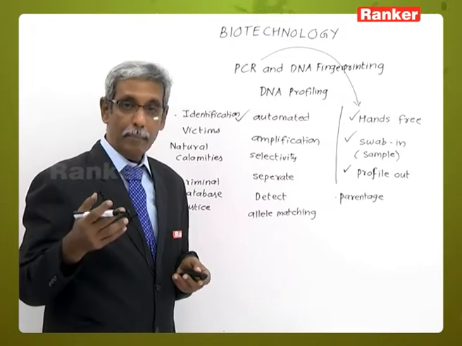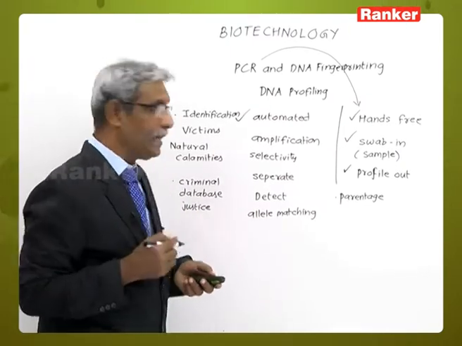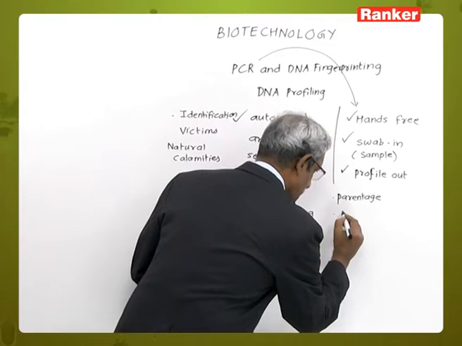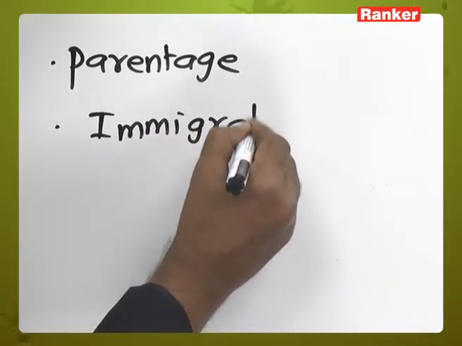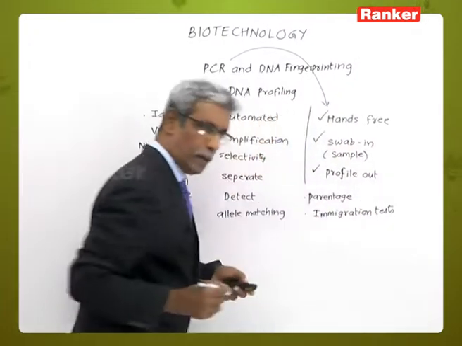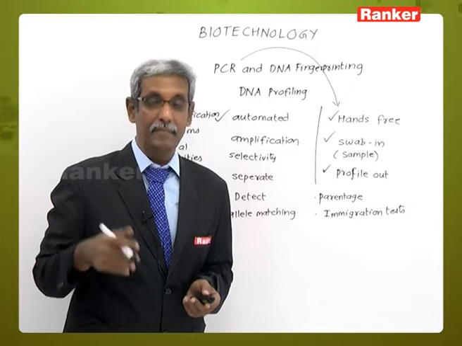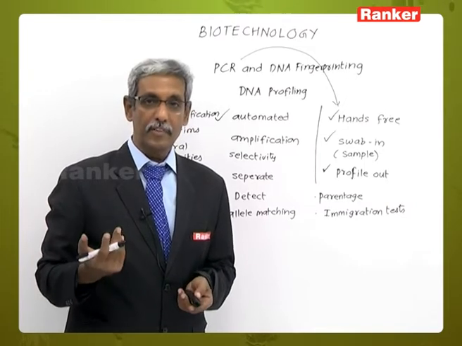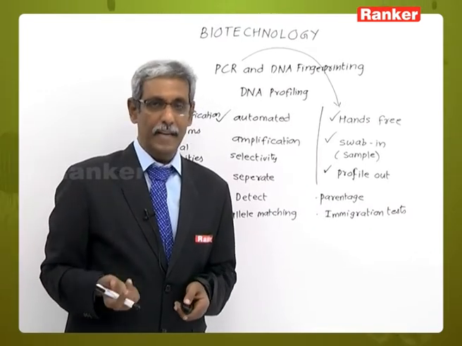A very important point is that nowadays PCR and DNA fingerprinting is used even in immigration tests. When people move from one country to another, depending upon their nativity, we belong to different races and different geographical areas.